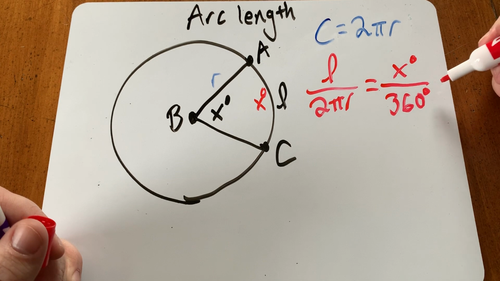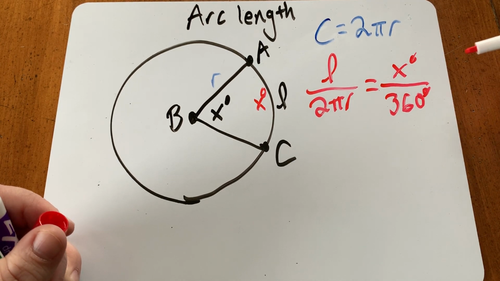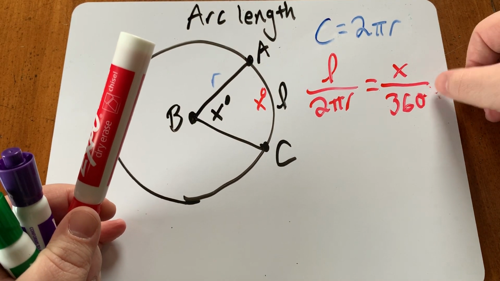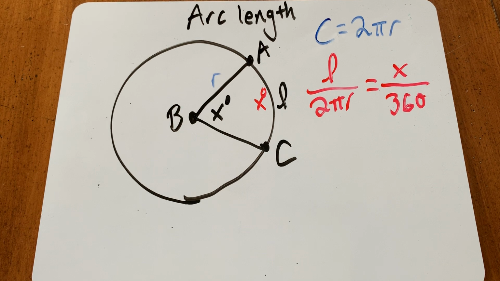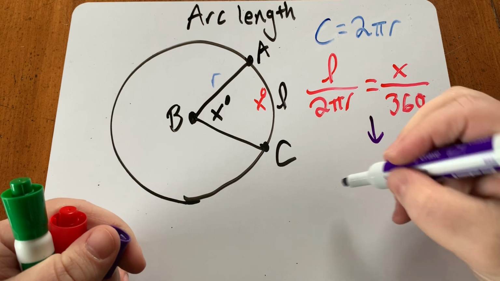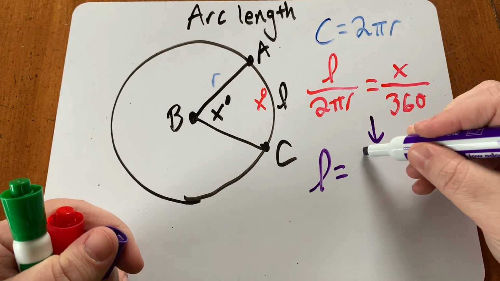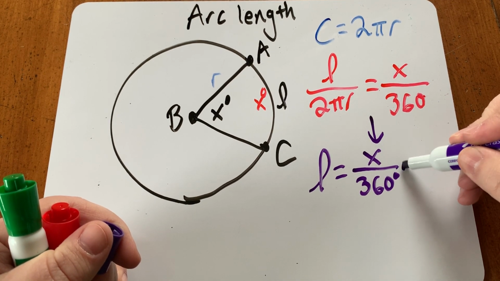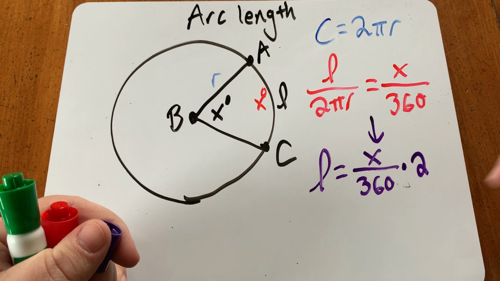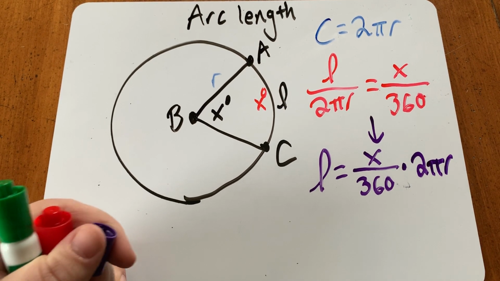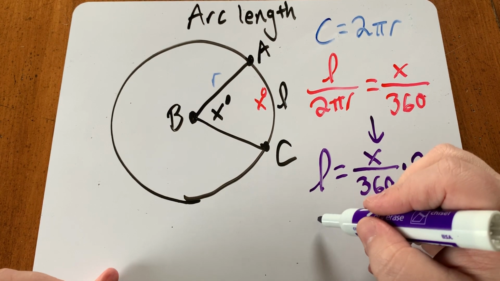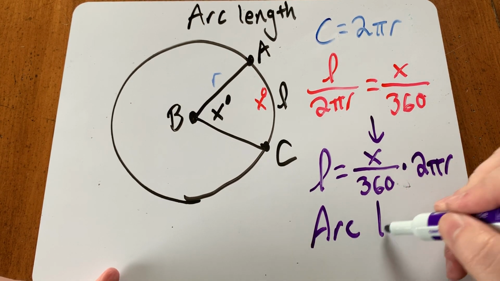And the arc measures are both measured in degrees, so those degrees would really divide off. So I'll just erase that. Essentially, the length is equal to the angle measure over 360, times 2 pi r. I wrote it right and said it wrong. So this is our formula for arc length.